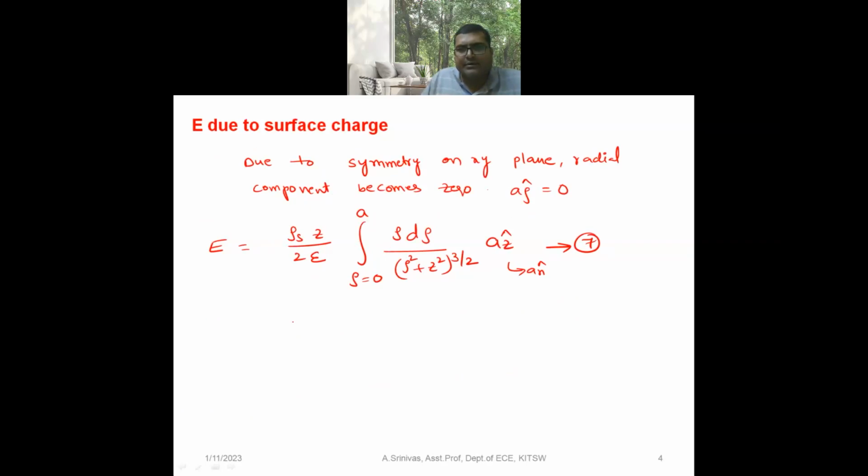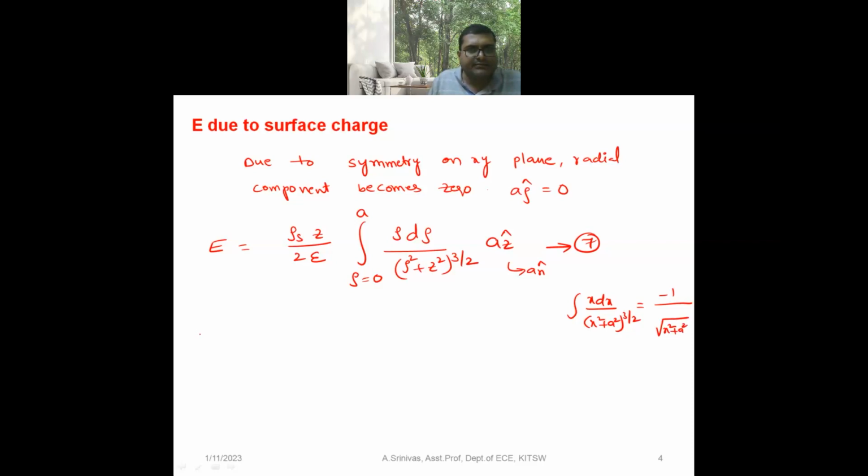From the calculus identity, integral of x dx by (x square plus a square) power 3 by 2 is equal to minus 1 by root of x square plus a square.